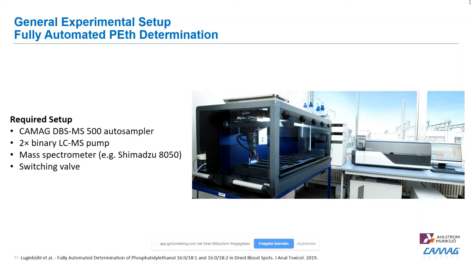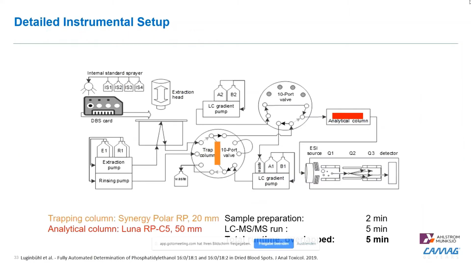Then we use 2 binary LC-MS pumps, a mass spectrometer, which is, for example, a Shimadzu 8050 or a Sciex 5500, so a quite sensitive one is needed, and furthermore a switching valve, otherwise you are not able to perform online SPE LC-MS, as I will show during the next few slides.